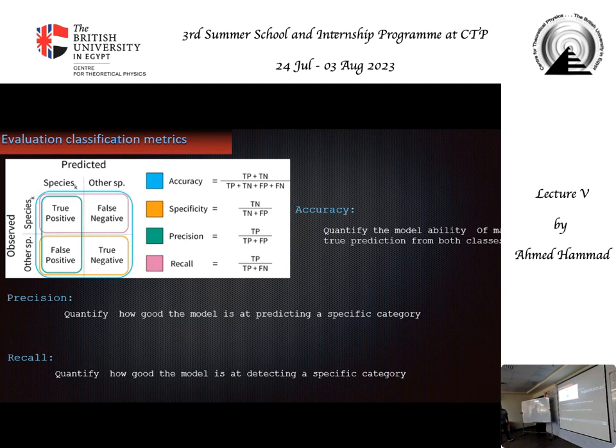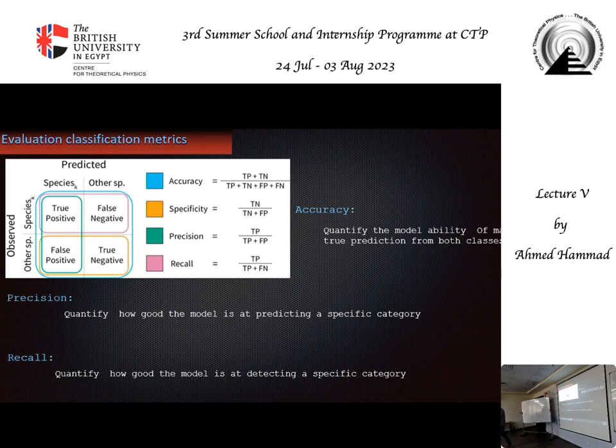So what is the difference between accuracy, precision, and recall? Accuracy quantifies the model's ability to give you a true prediction on both classes, the positive class and the negative class. Precision quantifies how good the model is in predicting the specific category, right?